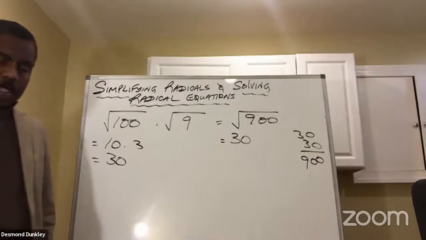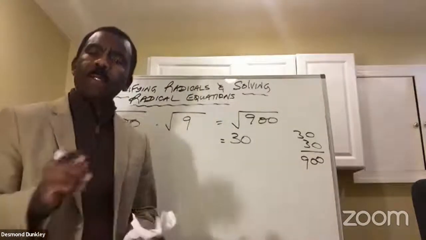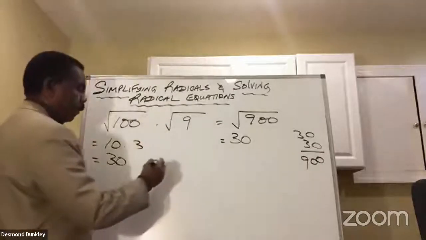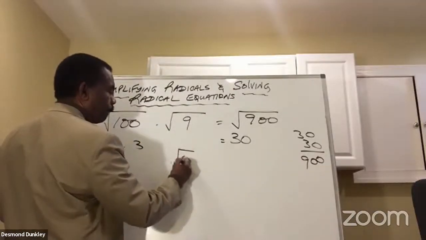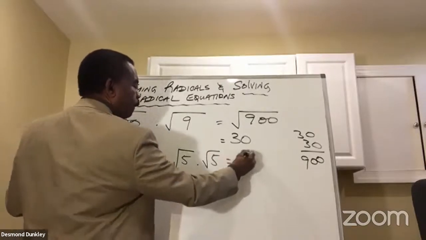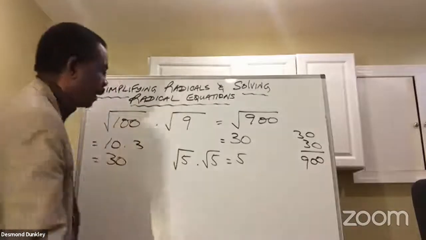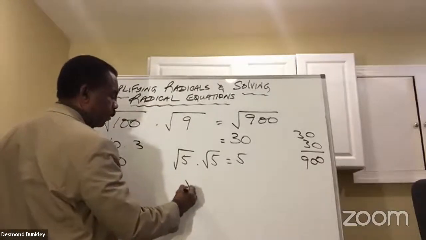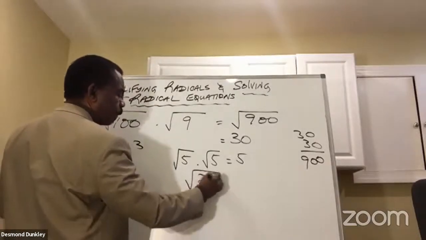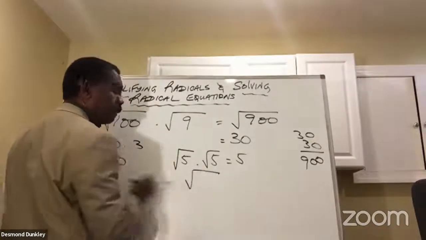Now, what I would like to do is share something with you about radicals, because I did this for you. I said to you, the square root of 5 times the square root of 5 is equal to 5. And you must be wondering, how come? Well, if you put them together, let me not skip a step.